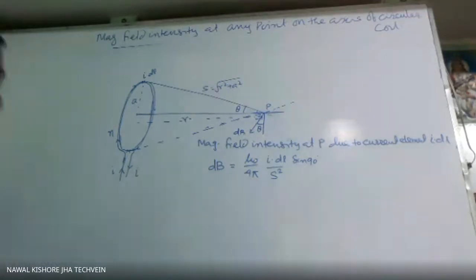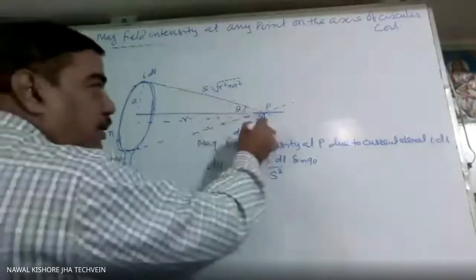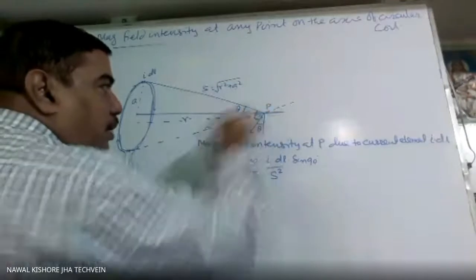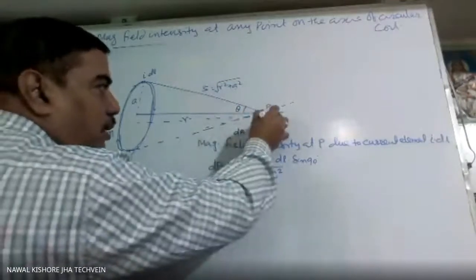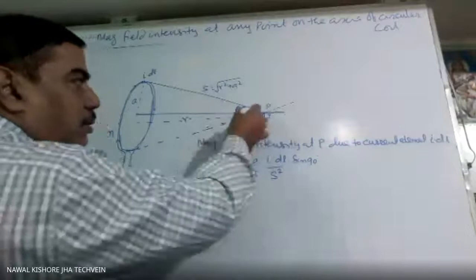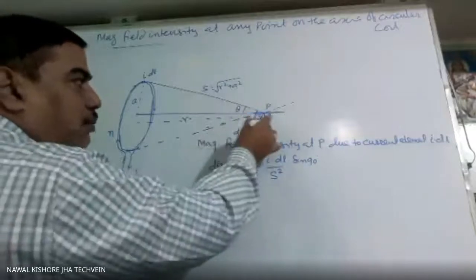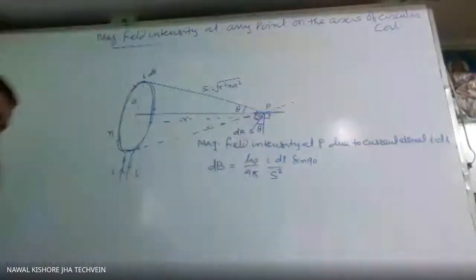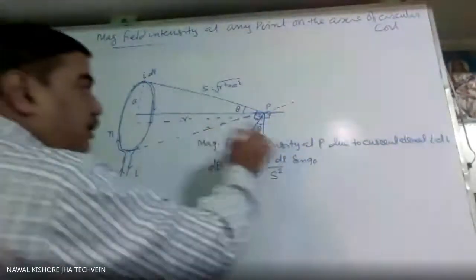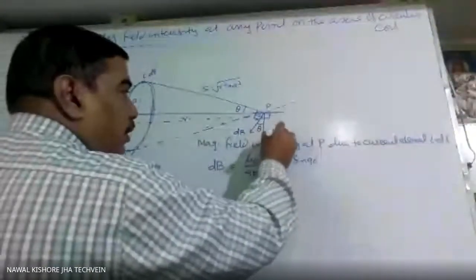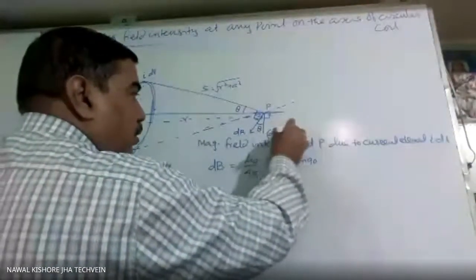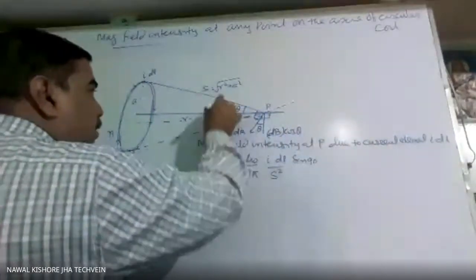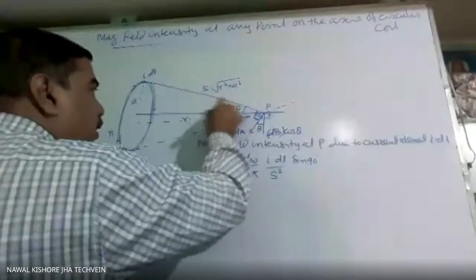From here to here is 90 degree, and this also is 90 degree, so this plus this is 90, naturally this plus this will be 90 degree. So this is theta. Now if we break dB into components, what will come? dB cos theta will be this side and dB sin theta will be this side, or delta B if you have considered delta B.